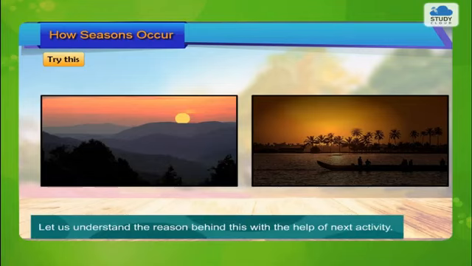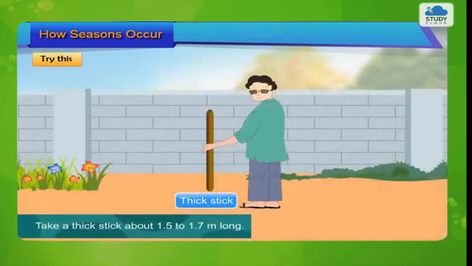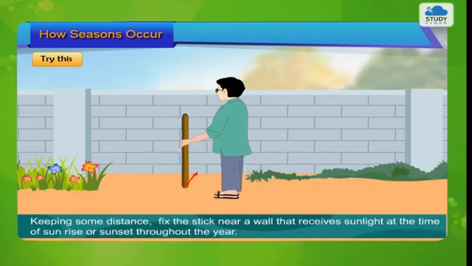Let us understand the reason behind this with the help of the next activity. Try this. Take a thick stick about 1.5 to 1.7 meters long. Keeping some distance, fix the stick near a wall that receives sunlight at the time of sunrise or sunset throughout the year.